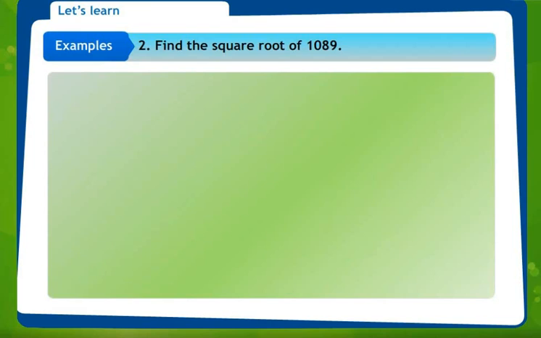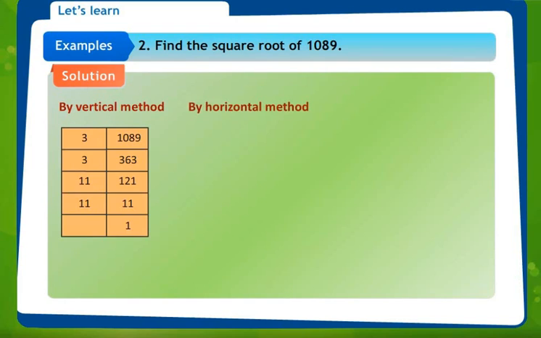Now to find the square root of 1089, you can see 1089. Since it has 9 in the units place, it will be factorized with 3. 3 363s are 1089, 3 121s are 363, 11 11s are 121, 11 1s are 11.